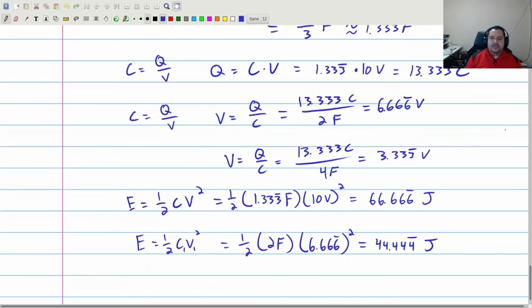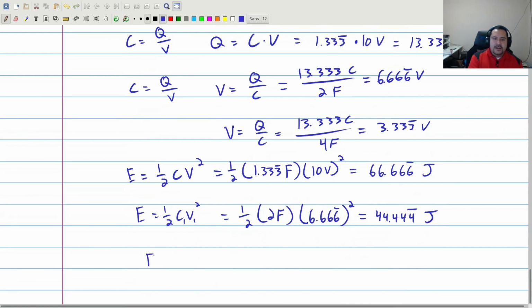And then we go after E2. So E2 is equal to 1/2 C2 V2 squared.